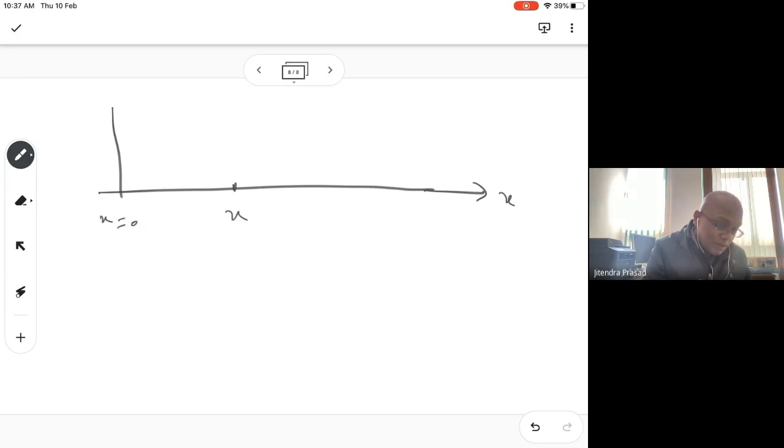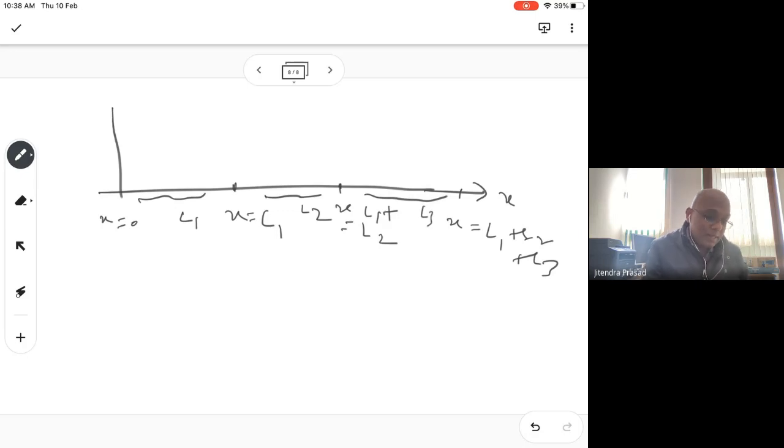Let's say this is x equal to L1, x equal to L2, x equal to L3. This is L1 plus L2, this is L1 plus L2 plus L3. So you have L1 here, L2 here, L3 here.